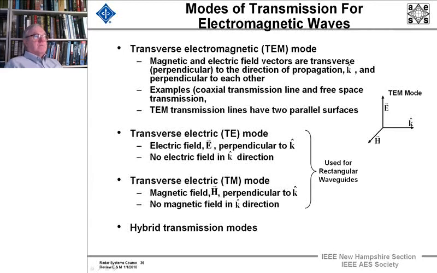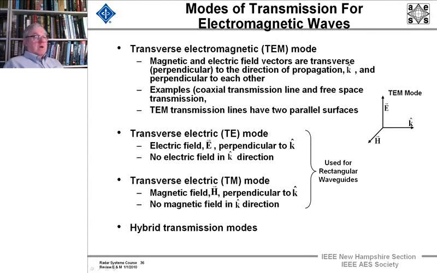Transverse electromagnetic waves have the magnetic and electric fields perpendicular to each other, and the K vector, the direction of propagation, perpendicular to both. Examples are coaxial transmission lines and free space transmission. TEM transmission lines have two parallel surfaces.